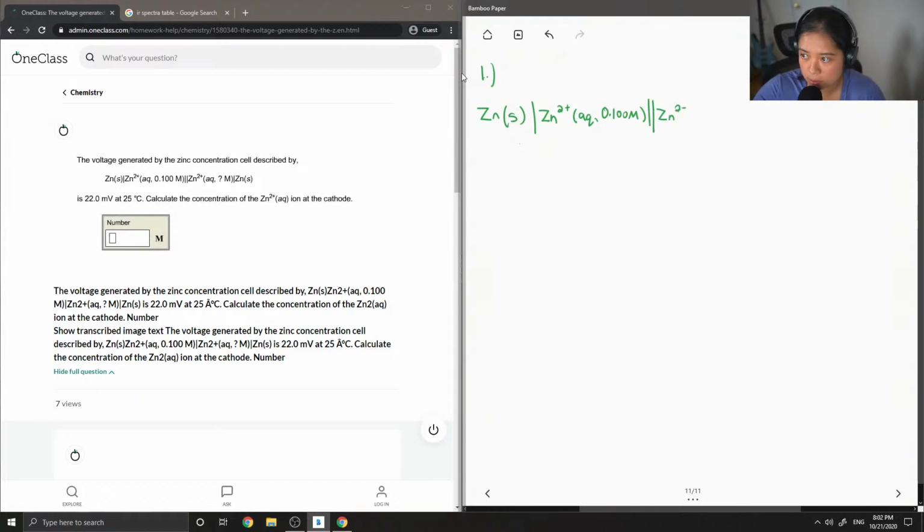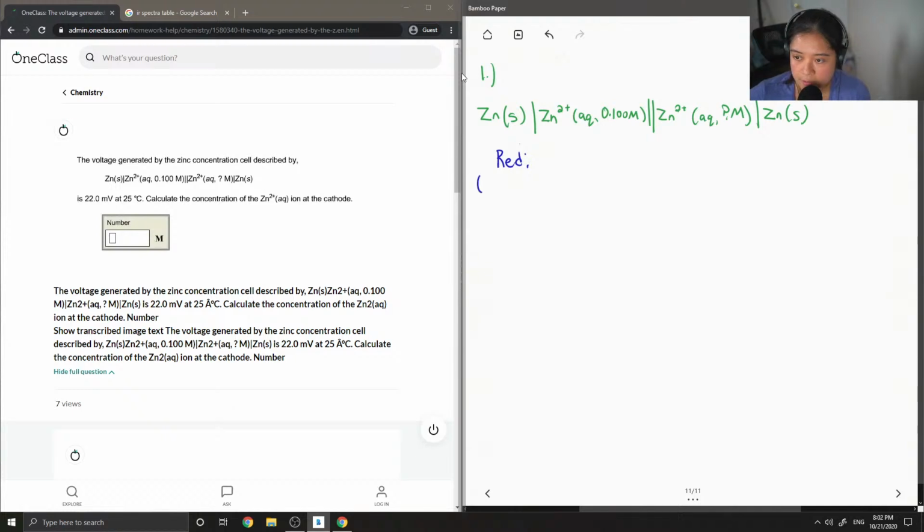We're looking for the concentration of the other. Okay, so basically, I'm also going to write out the reduction reaction and the oxidation reaction for this cell as well, just so that we're all on the same page.